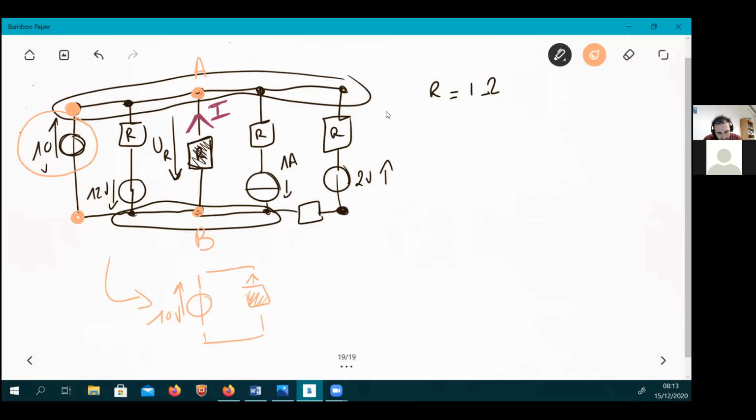You're interested in this current I. If you plot UR like this, you can tell that UR equals minus 10 volts, correct? So you can deduce that the current you fix in this direction equals minus 10 amps.